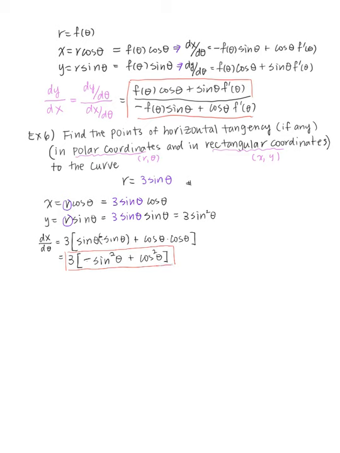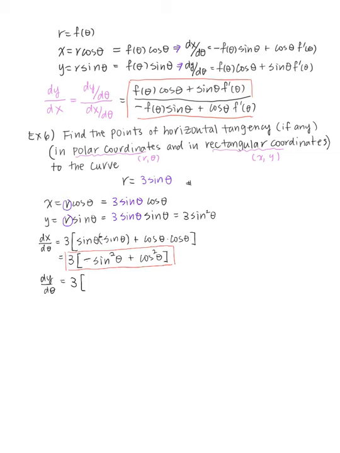Now we're going to do the same thing for our function y equals r sine of theta. So now we're going to go dy over d theta. We have to differentiate 3 sine square of theta. Again, I'm going to factor the 3 out, and then let's just differentiate sine square of theta.